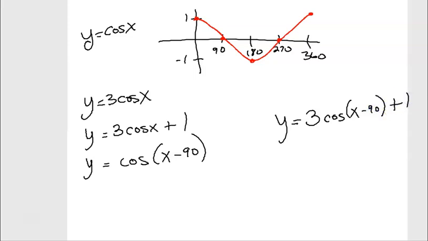Notice that right there, you have all 3 of them. The amplitude of 3, so it goes up to 3, but it's starting 1 higher, and everything's being shifted 90 degrees to the right. So there's 3 things going on, just like the transformations that we've done already. This is the same thing with sine and cosine functions as well. That's graphing sine and cosine functions and then their transformations.